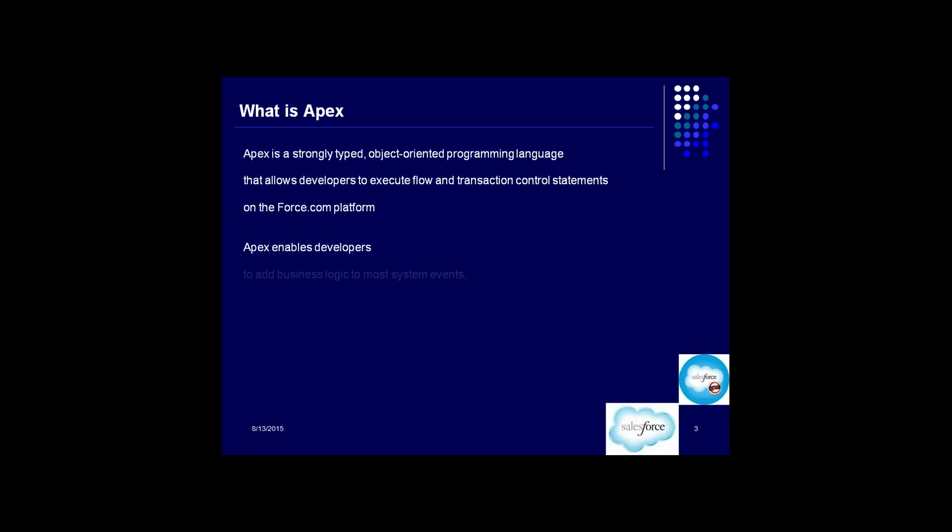Apex enables developers to add business logic to most of the system events. System events can be anything like when a record is getting saved, when you click on a button, when a page gets loaded.